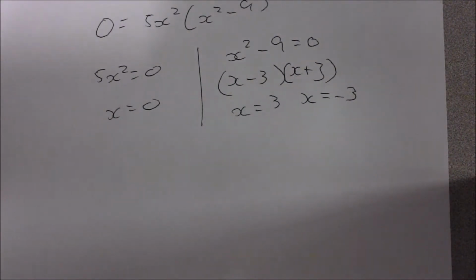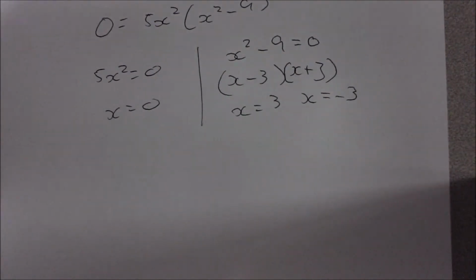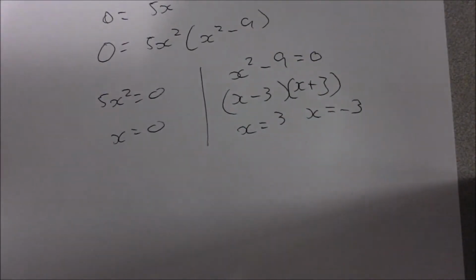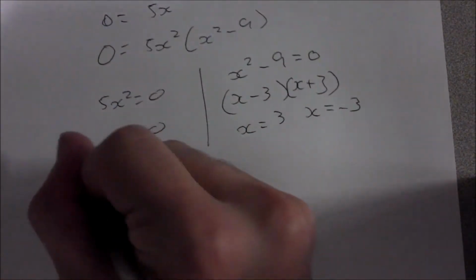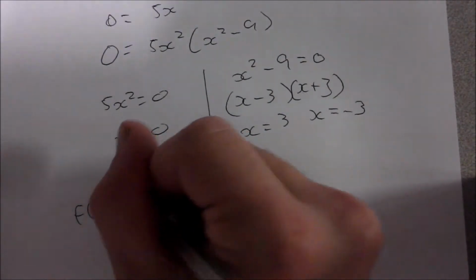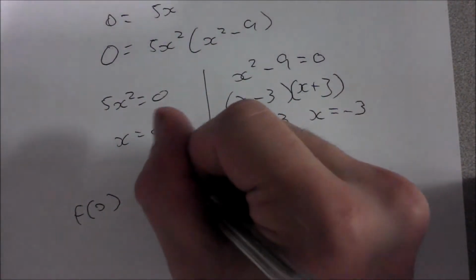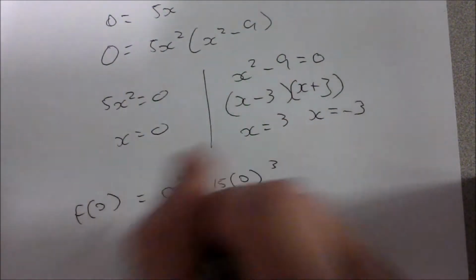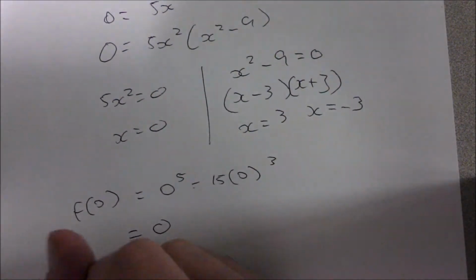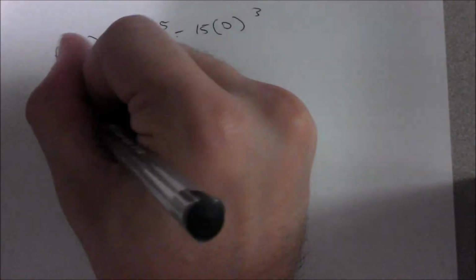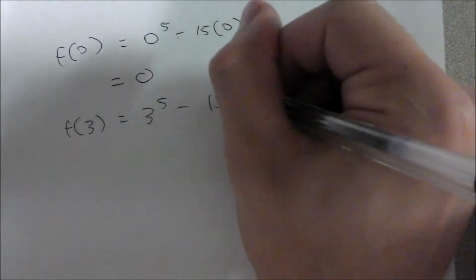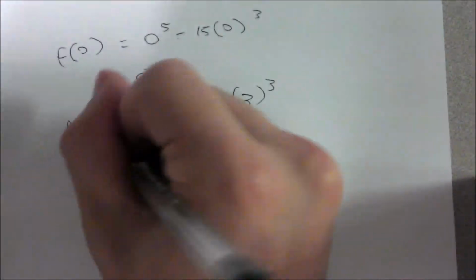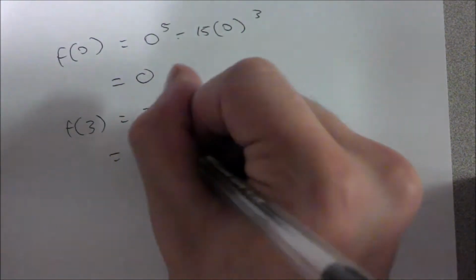So now we use these values of x to sub into the original function and find our y values. So we get f(0) equals 0 to the power of 5 minus 15 times 0 to the power of 3, which equals 0. f(3) equals 3 to the power of 5 minus 15 times 3 to the power of 3, which equals negative 162.